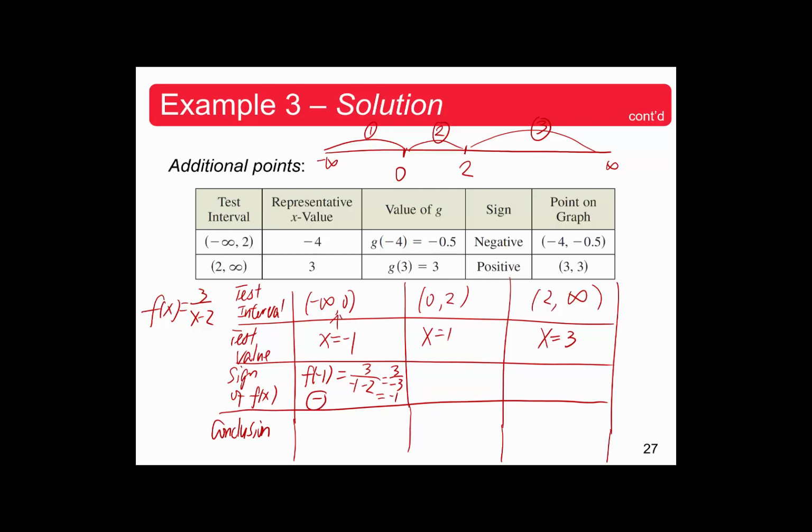So that means it's definitely negative. If y value is negative, it's below the x-axis. That's the indication of this calculation here, below the x-axis.